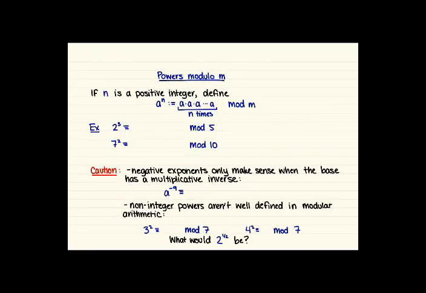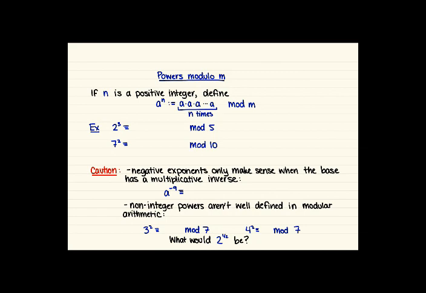So far we've talked about addition and multiplication modulo m, and talked somewhat about subtraction, and then how division acts really strangely. So there's another operation we're going to talk about modulo m, which is taking powers. So if n is a positive integer, we define a to the n to be a times a times a times a, n times, mod m.